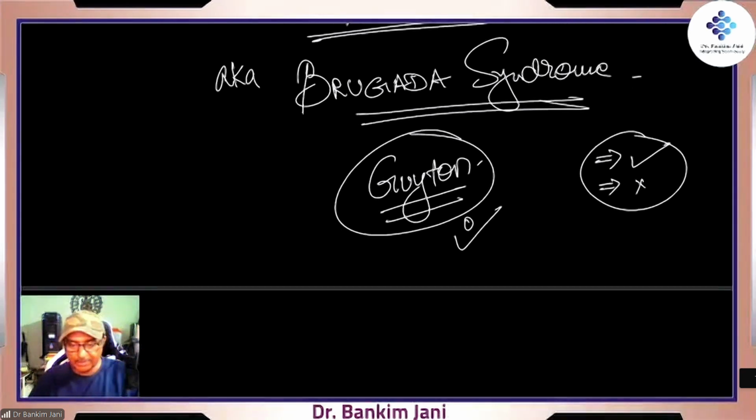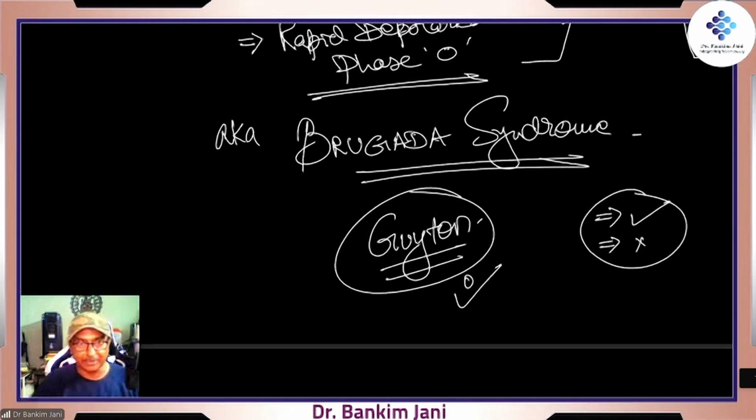All right, so this is what is called Brugada syndrome, in which sodium channels are affected. I'm just writing it, so don't take any stress, because when we learn arrhythmias you'll automatically start learning it. It gives what is called a pseudo bundle branch block, and that also a right bundle branch block.